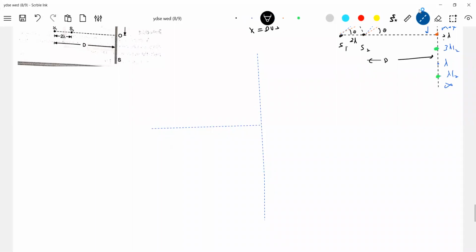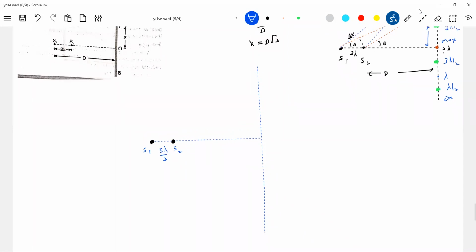There are two sources. Let me make the path difference between them 5 lambda by 2. Tell me what your conditions will be now. Here it will be 5 lambda by 2.